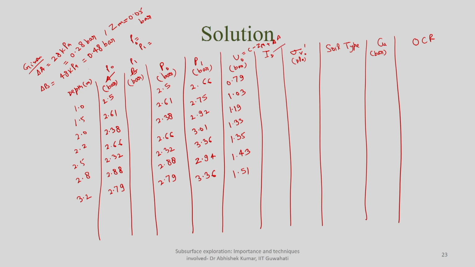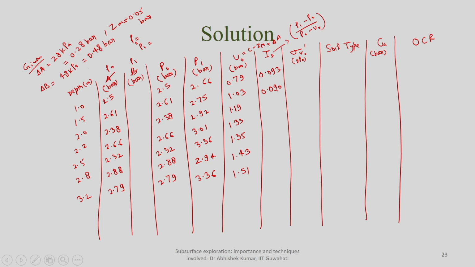Now, ID is given as P1 minus P naught over P naught minus U naught. Based on that you can determine the value of ID, which will be 0.093, 0.090. I have calculated the values.